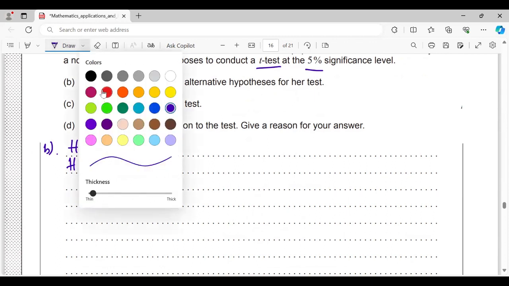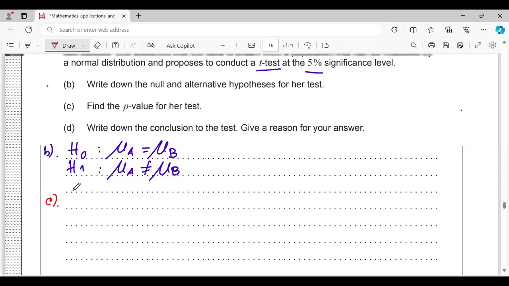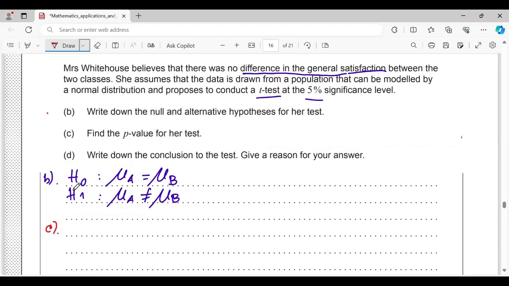Next, C. Find the p-value for her test. So you have to use a calculator in this calculation.